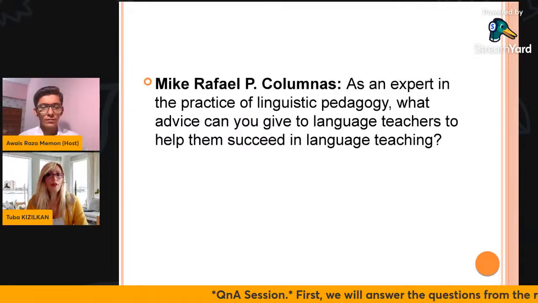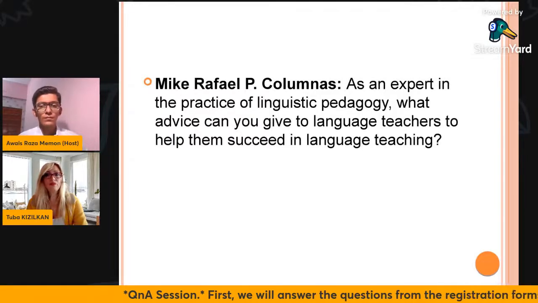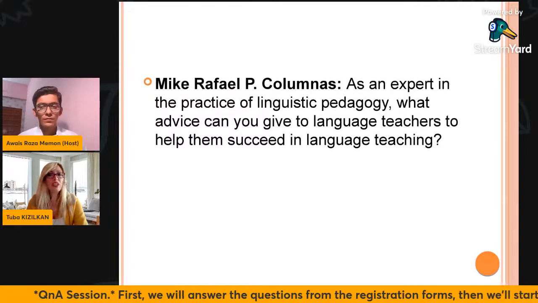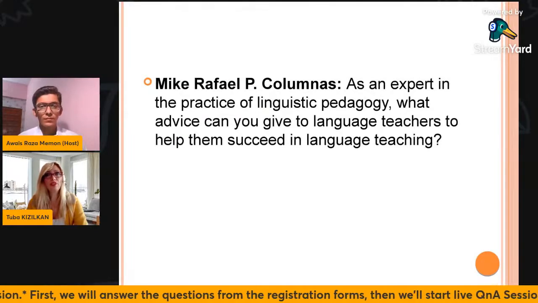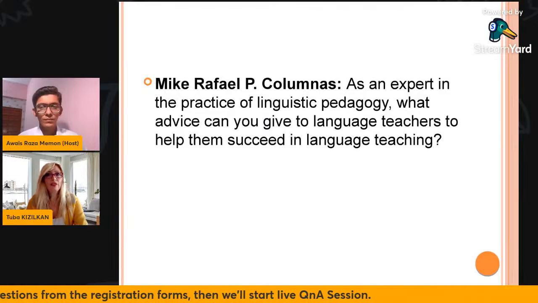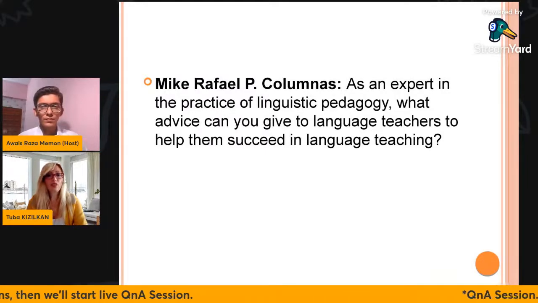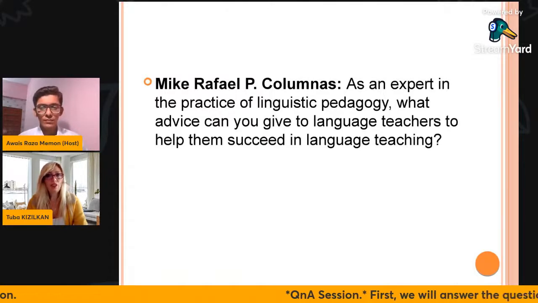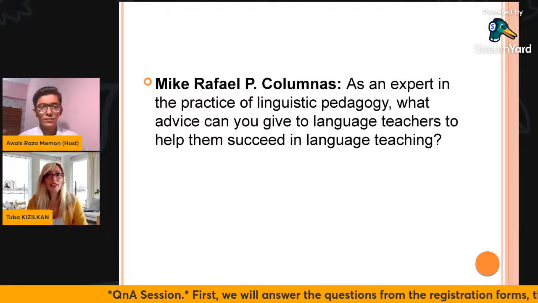The stages of first language development are also important, and a teacher should connect first language and second language acquisition.